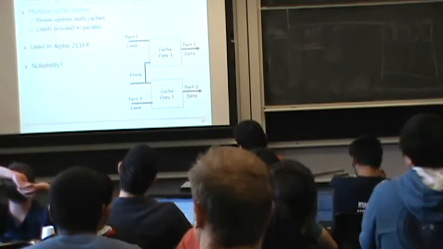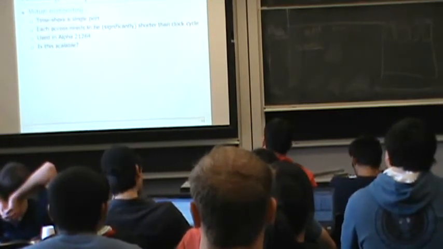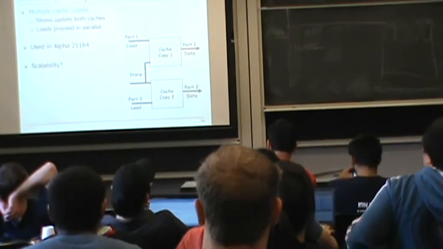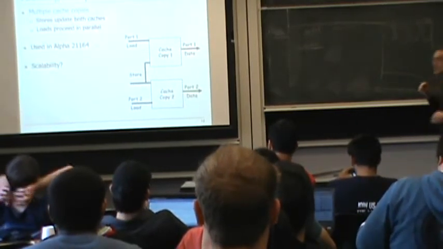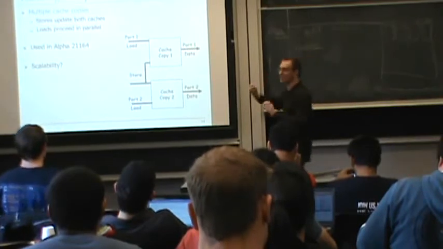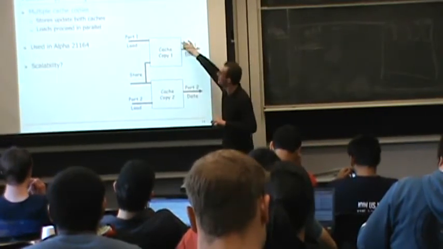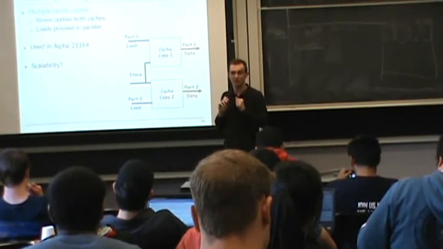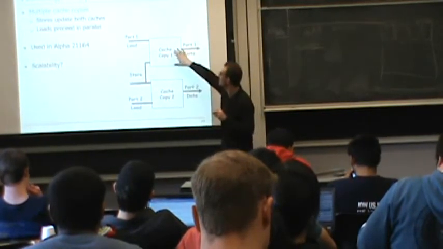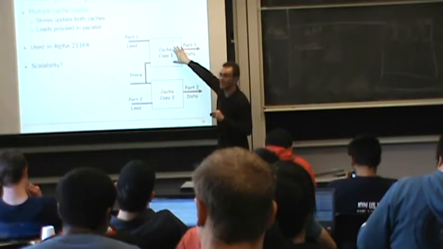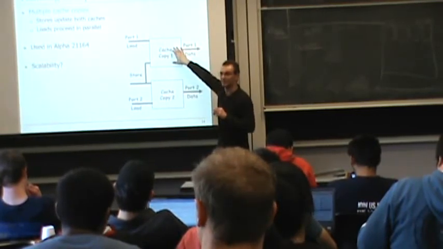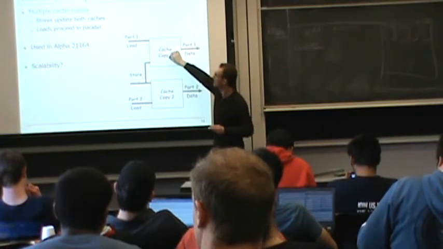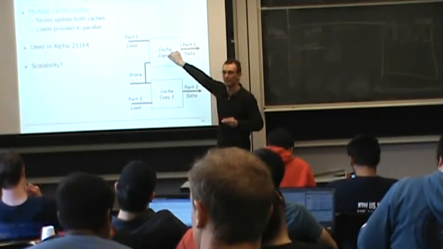There are other ways of doing this. We discussed virtual multiporting, but that's not what you asked, so I'll skip that. We discussed multiple cache copies. Maybe this is what you meant by multiple channels. You could copy the cache or copy the entire memory and have two ports. This is another way of multiporting. In this case, your cell access time does not increase. You're very wasteful in terms of area, but each cell is as fast as before.